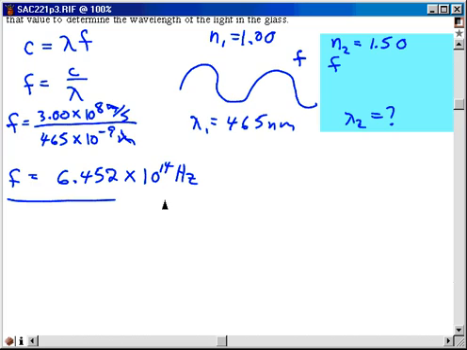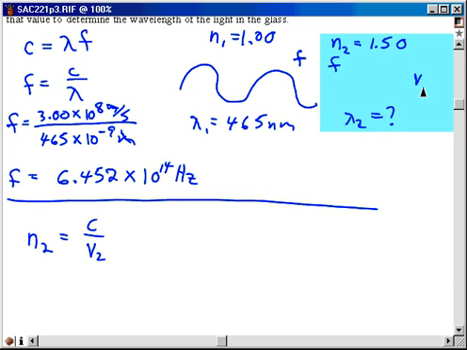Now, by the definition of the index of refraction of glass, N2 is equal to the ratio of the speed of light in vacuum to the speed of light in the medium. I'll call that V2. V2 is the speed of light in the glass.